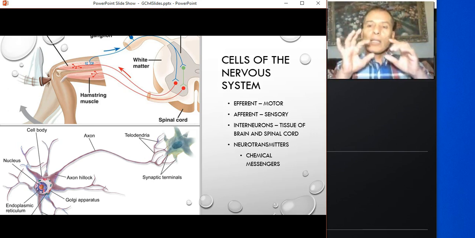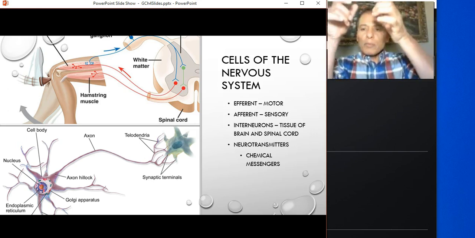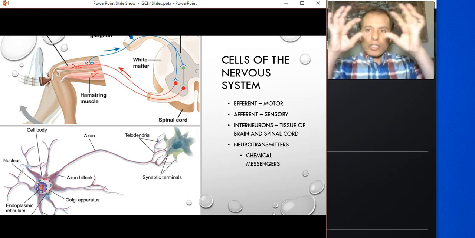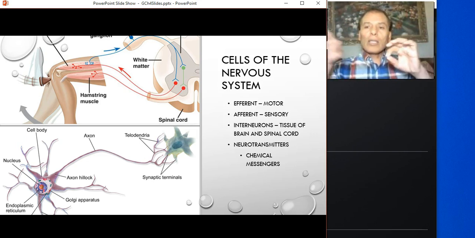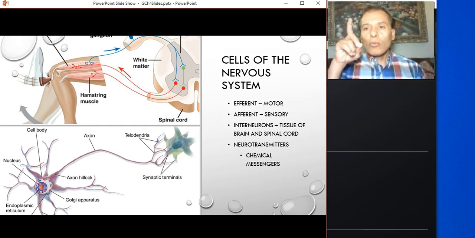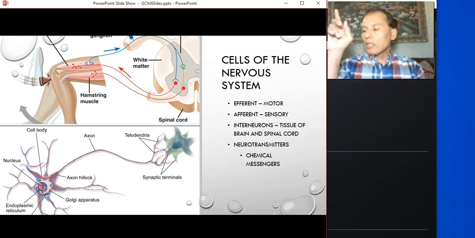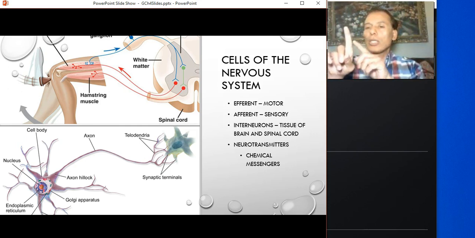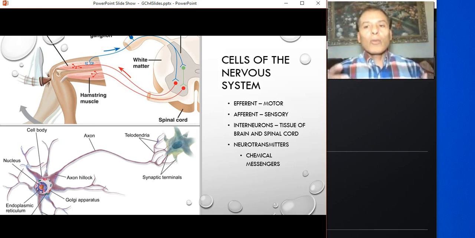And then out of this big cable, you take branches out, wires, and send them to any area that you would like to move. You want the robot to move a finger like this, you send a wire and you send electrical impulses from here to the finger to move it. So simply, that's what the nervous system is about.